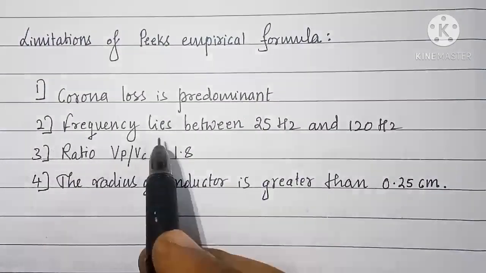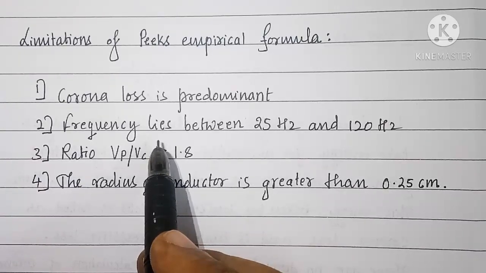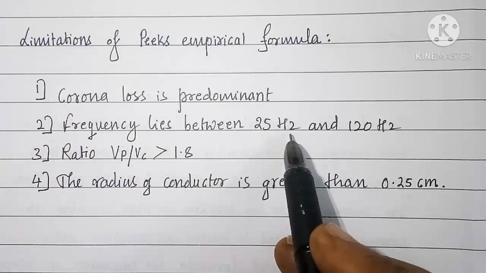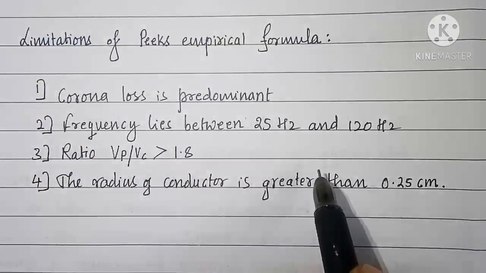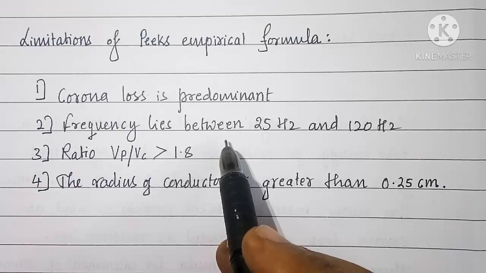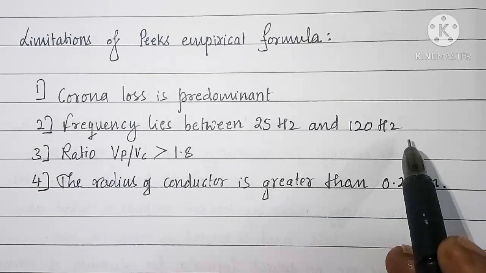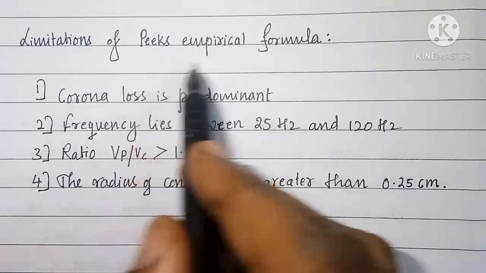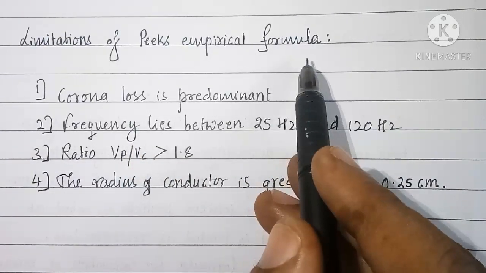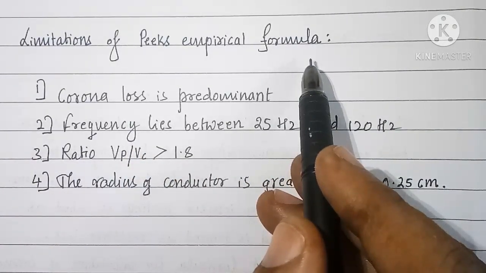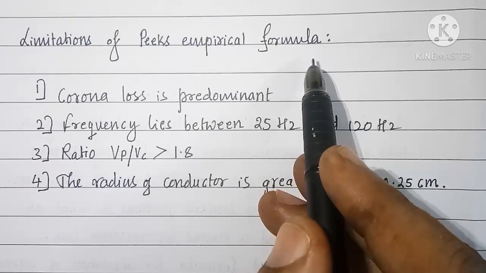Secondly, the operating voltage frequency must be between 25 Hz and 120 Hz. If frequency is less than 25 Hz or more than 120 Hz, then Peake's empirical formula will not result in the correct value of corona loss.